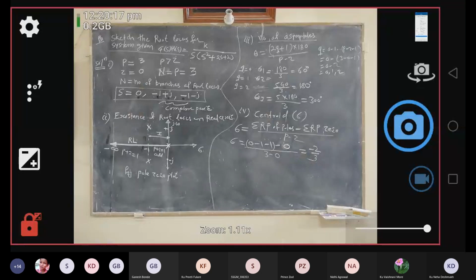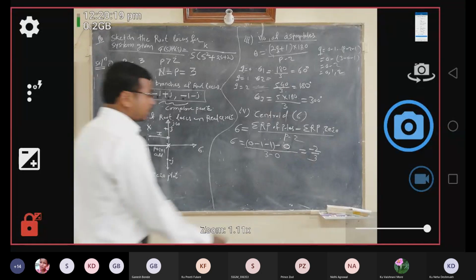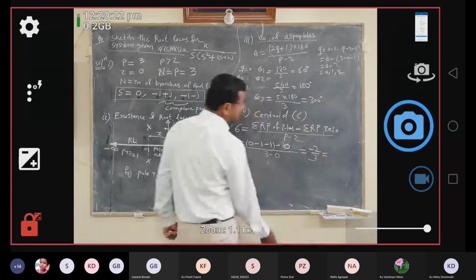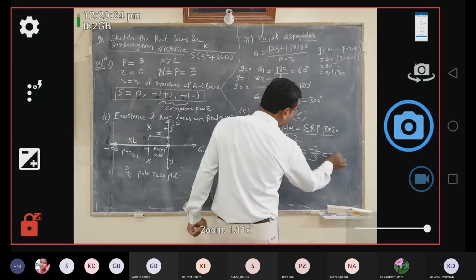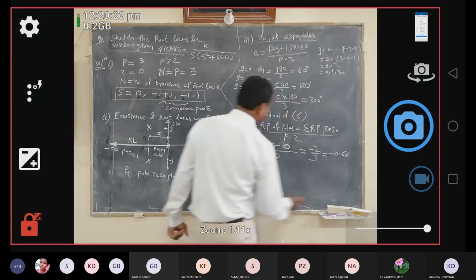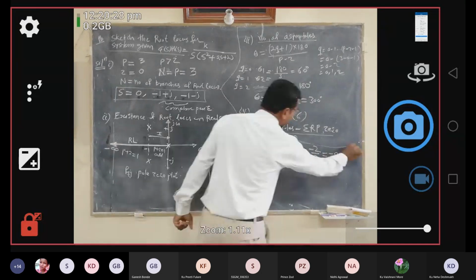Sigma could be -2 by 3. So what could be the value of -2 by 3? It could be minus 0.66. So this could be your centroid.